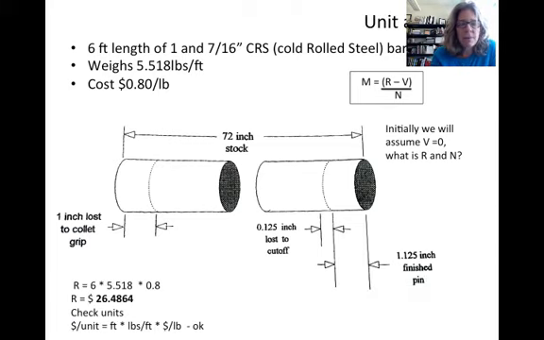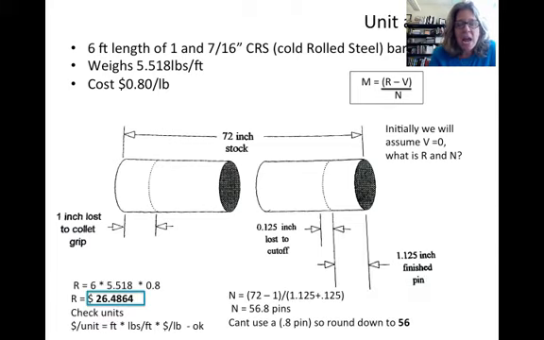Okay, so now the next thing we want to do is calculate N. So N, if we look at this, is 72 inches of bar stock, right? I mean, that's how long 6 feet is, 72 inches. But there's an inch that we can't use, so that leaves us 71 inches. In addition, for every single final part that's 1 1/8 inch, we also have an additional 1/8 inch for the saw.